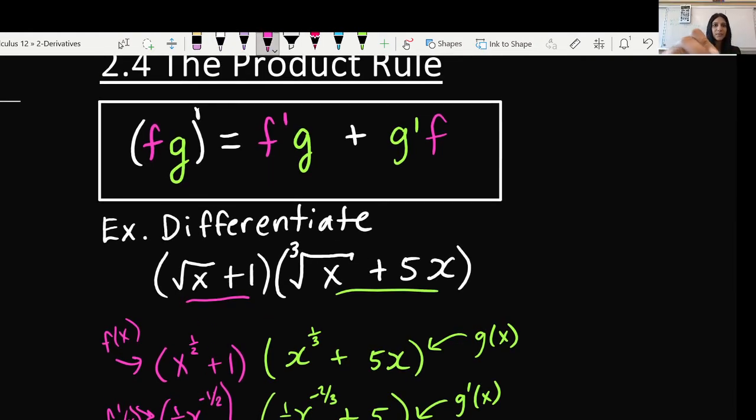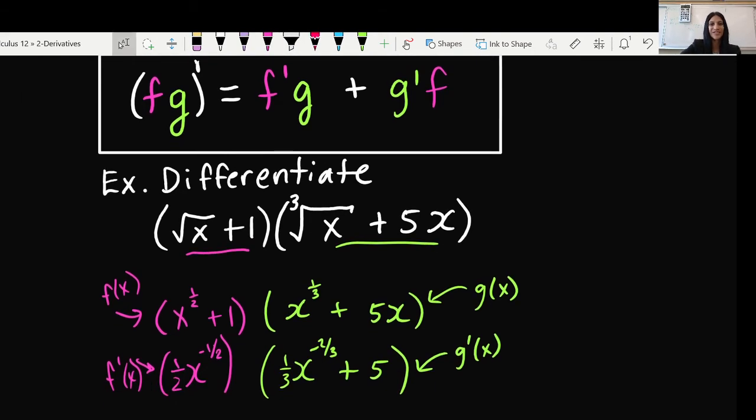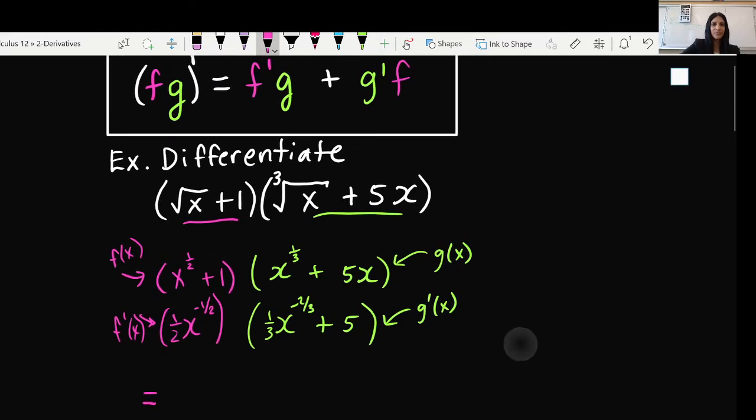That should be there, which makes it easier to make sense of because we're taking the derivative of the whole thing. So let's apply what we saw up here. I want to take my f prime, this part, and write that one first. So I have 1/2 x to the negative 1/2.